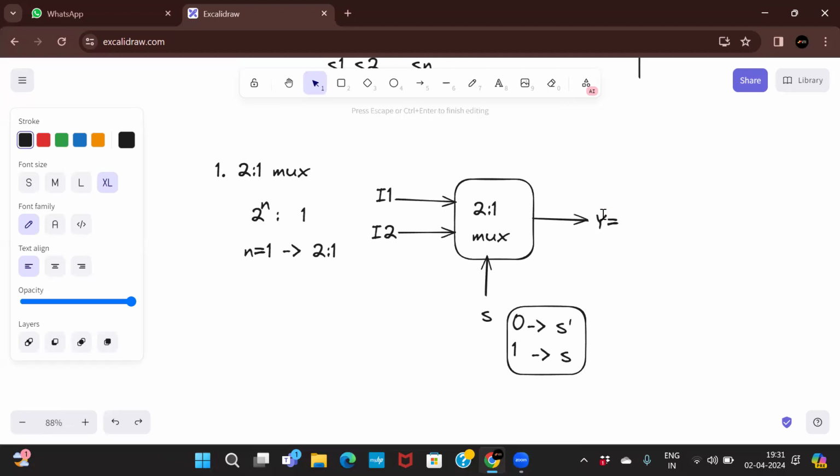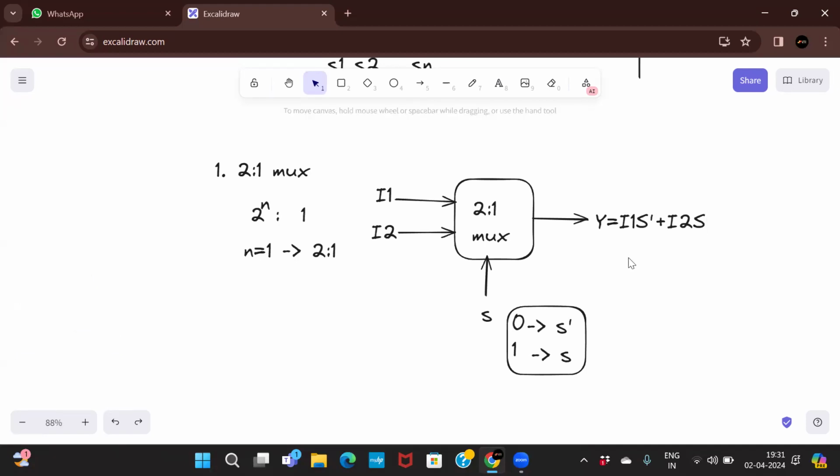Now, can you tell me what our output is? I1 into S bar plus I2 into S. Are you getting it right?